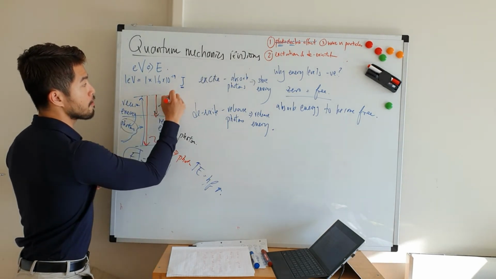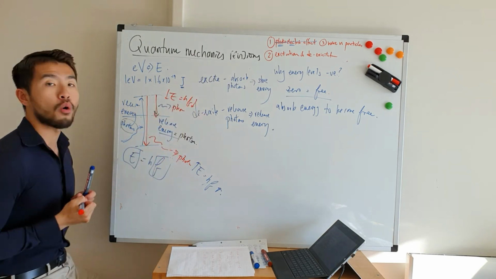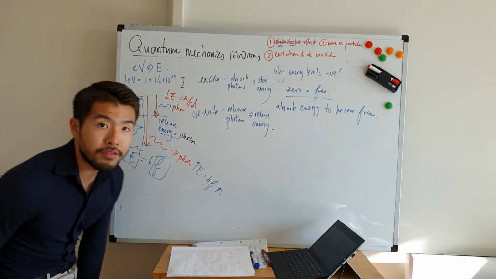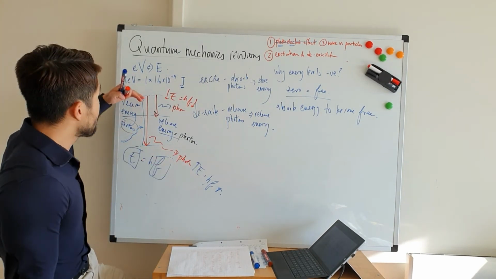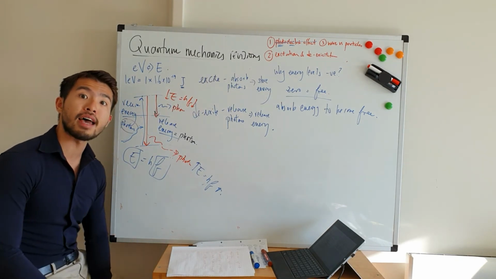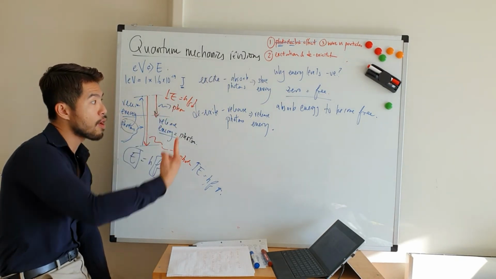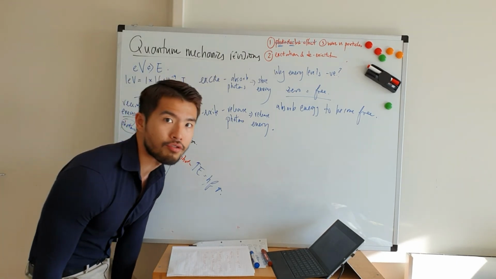In this case, we have got lower energy, so we have got lower f. So if these are all visible in the spectrum, this is going to give us violet, whereas this is going to give us red, for example, because violet has higher frequency than red. That's why you have got different frequencies in the spectra.